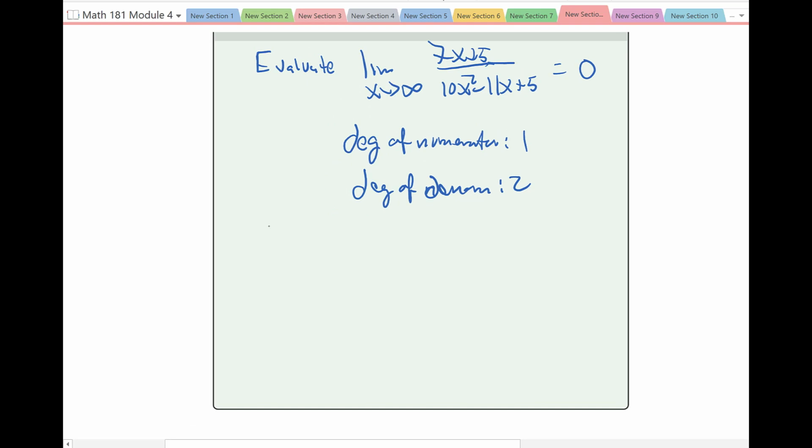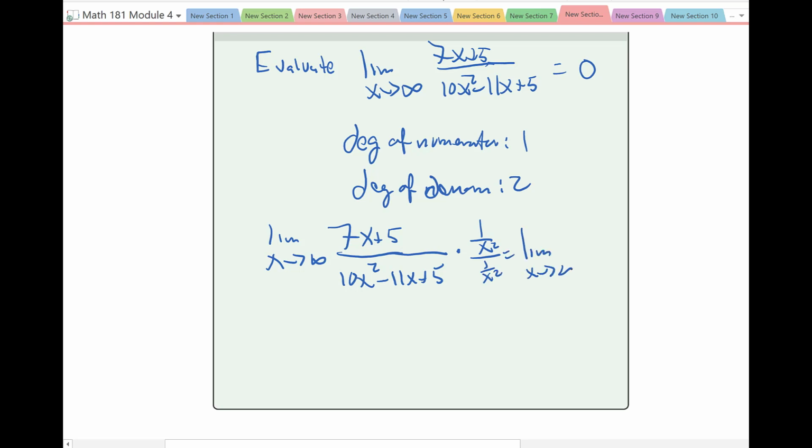If we take the limit as x approaches infinity of 7x plus 5 over 10x squared minus 11x plus 5, and we multiply this by, x squared is the biggest power, so 1 over x squared over 1 over x squared, we would have the limit as x approaches infinity of 7x over x squared plus 5 over x squared, all divided by 10x squared over x squared minus 11x over x squared plus 5 over x squared.